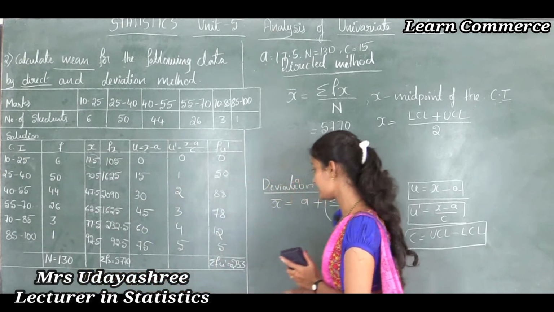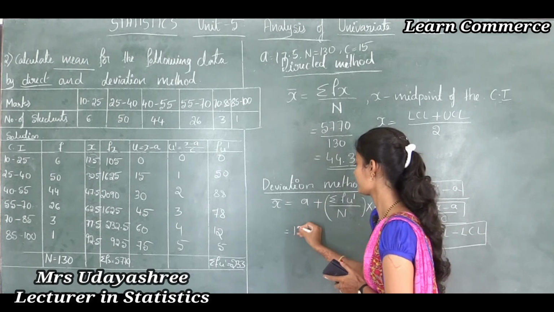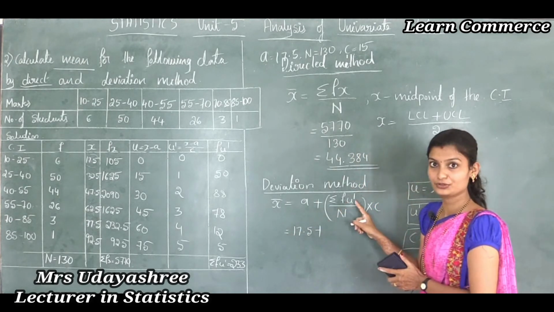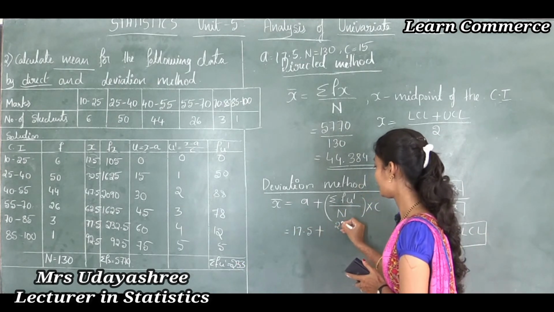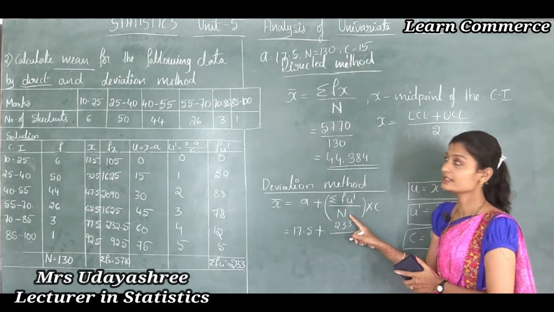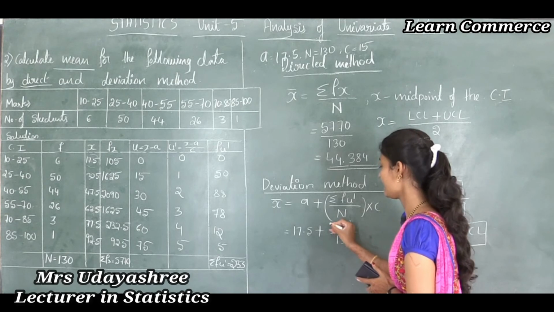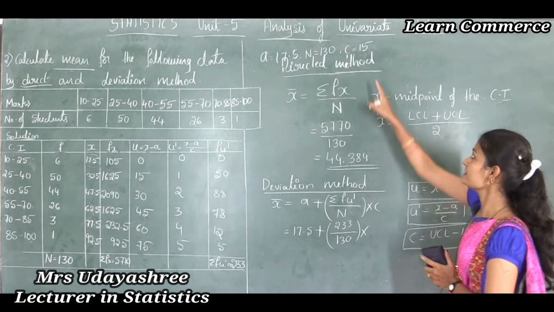So x bar is equal to a, which is 17.5, plus the sum of f into u dash, 233, divided by capital letter N, which is 130, into c, which is 15.